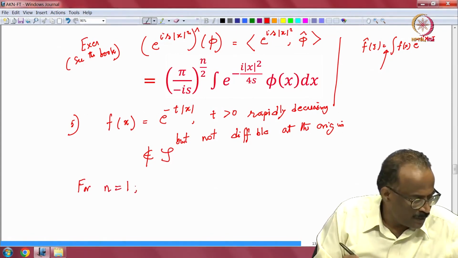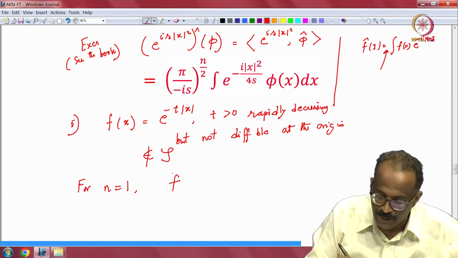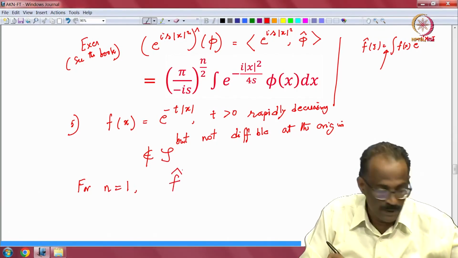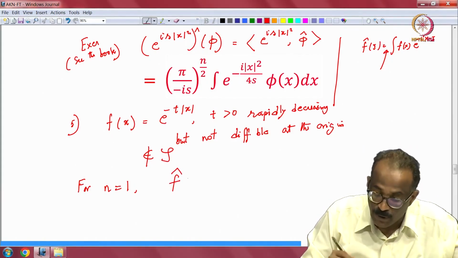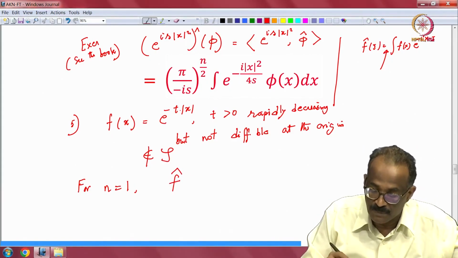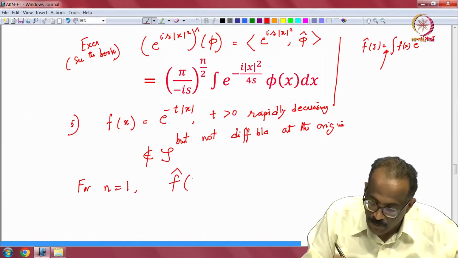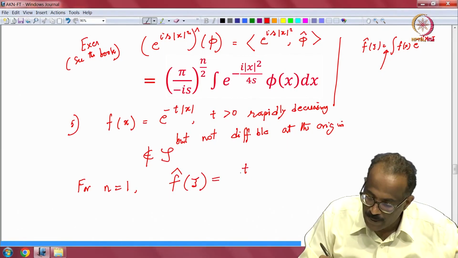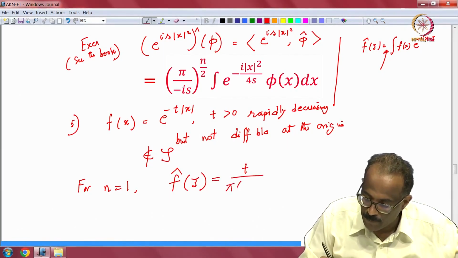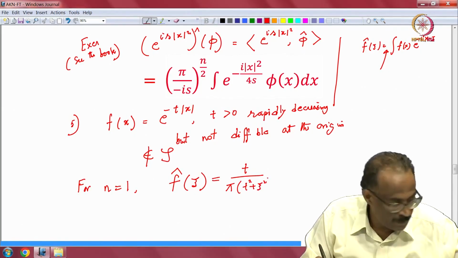N equal to 1, you can actually compute this one. Again you have to do it as a tempered distribution. So you see f hat of psi is equal to t by pi into t square plus psi square.